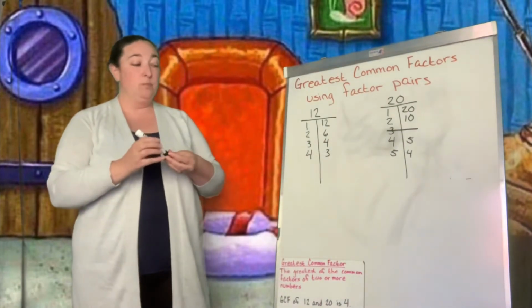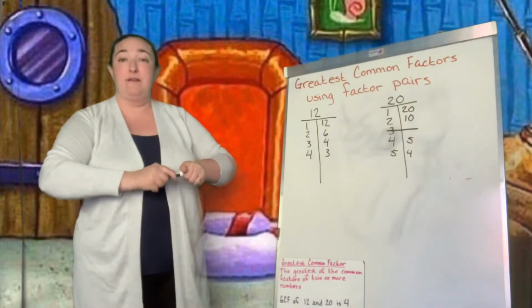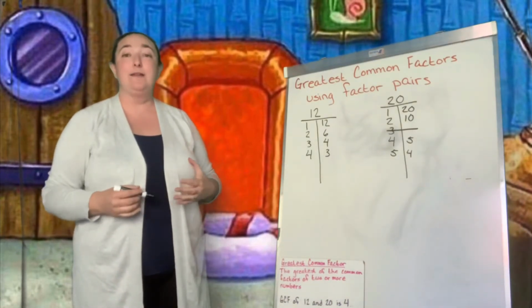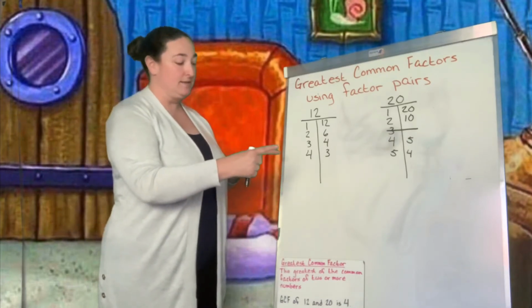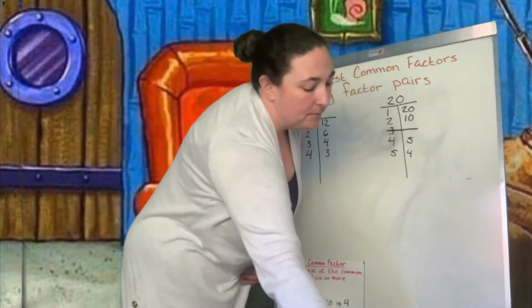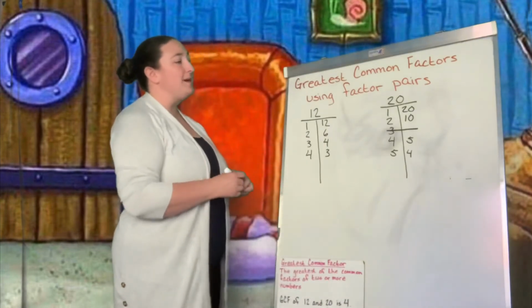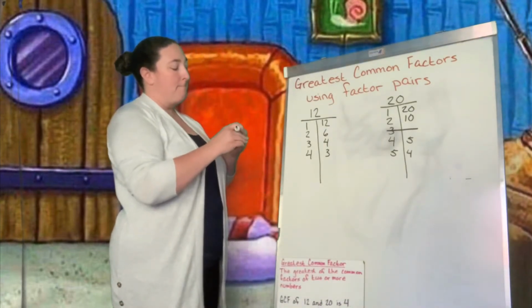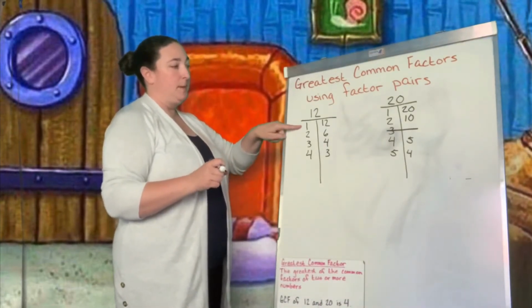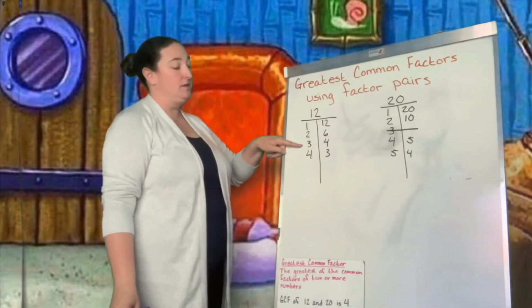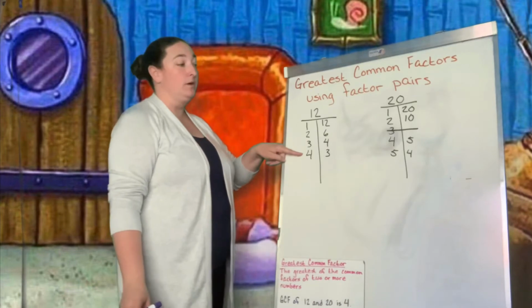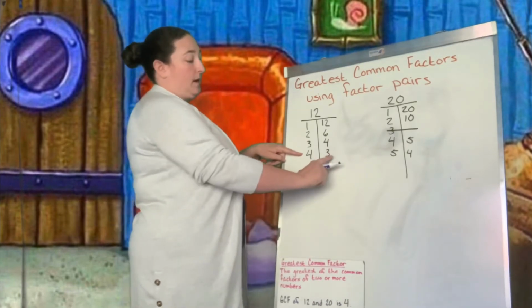Now, when we're talking about the greatest common factor, I need to find the biggest number that's in both of those lists. So if I look through my list, both lists have 1, both lists have 2, 3 isn't in both lists, both lists have 4, and then I'm going to go back up this side.